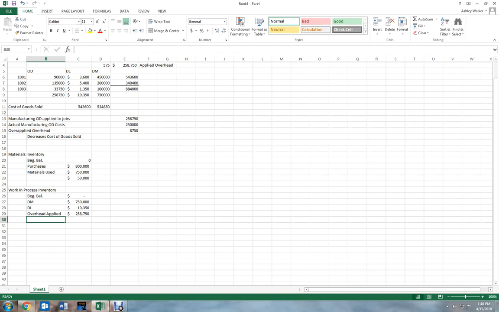So now we transferred some of those jobs out of work in process. Remember, 1001 and 1002 got transferred. And so we calculated those costs right here. Those are our costs, remember, these totals added together. So let's actually move this out here so that's a little clearer.